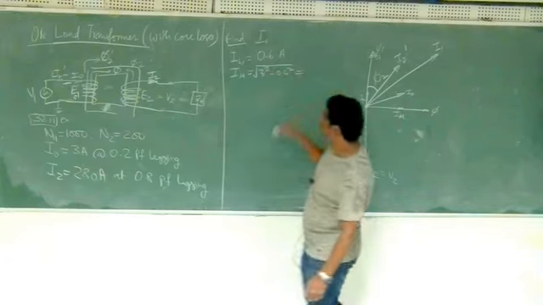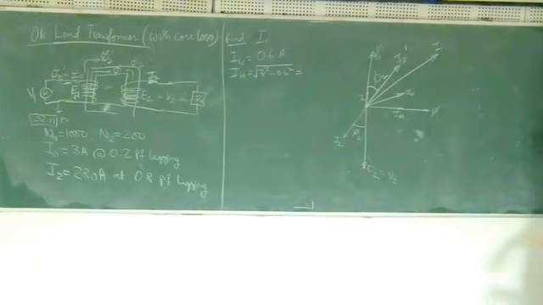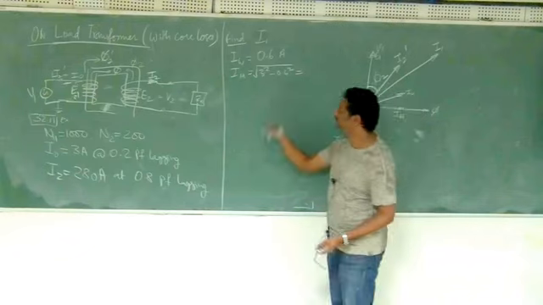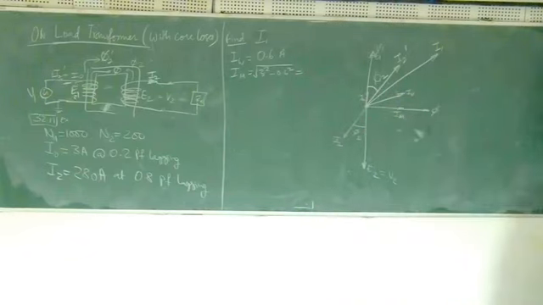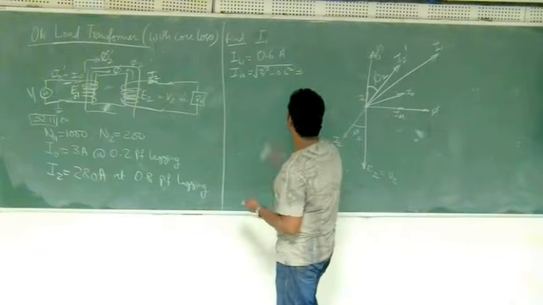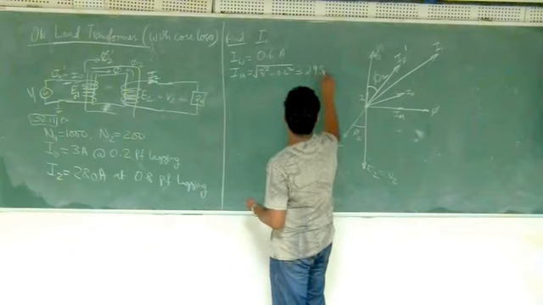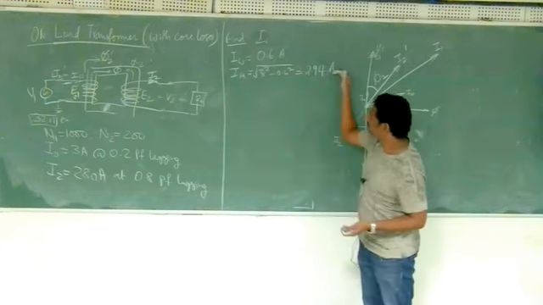Can someone tell how much is I mu, the magnetizing component of current? Okay, thank you. 2.939, so 2.94 amperes. Now I got these two.